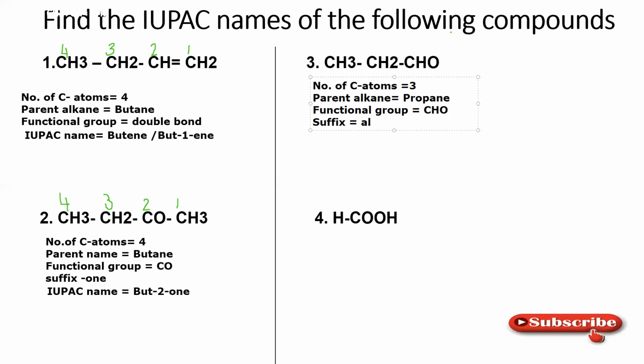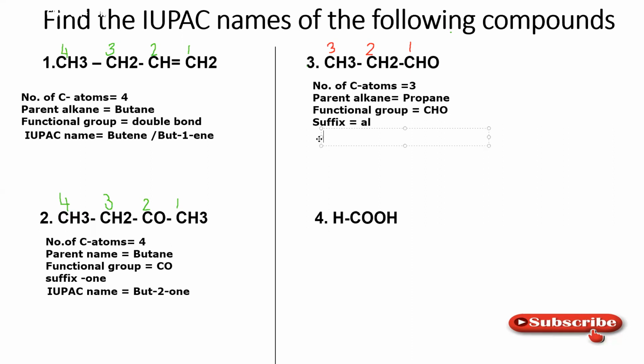Now the next step is to number the carbon atoms. Here CHO is present at this end, so we have to start numbering from right to left, that is 1, 2, 3. I told you if the functional group is present on the first carbon atom, then no need to mention the number.